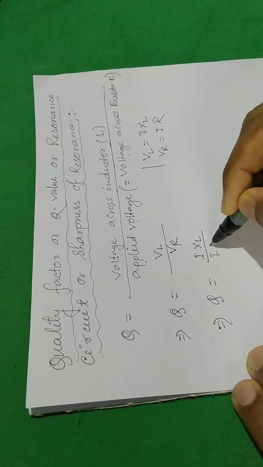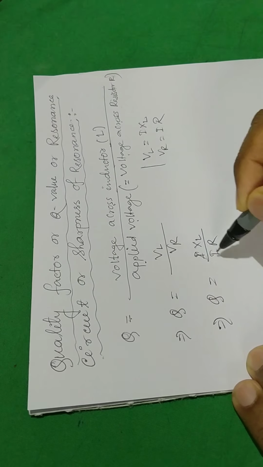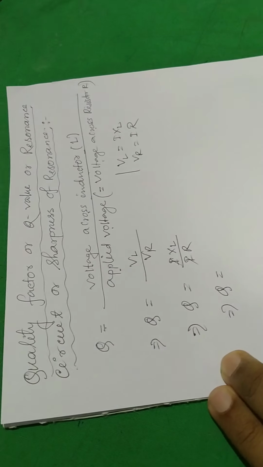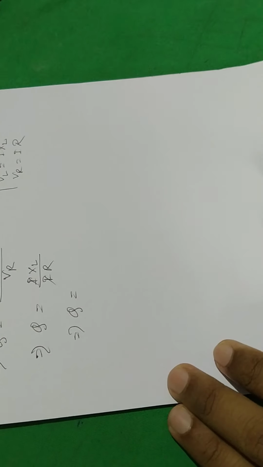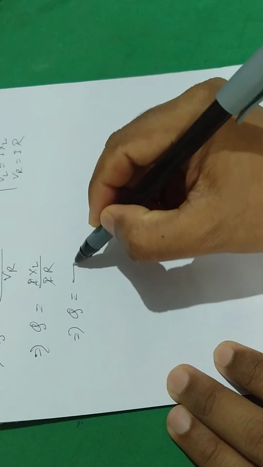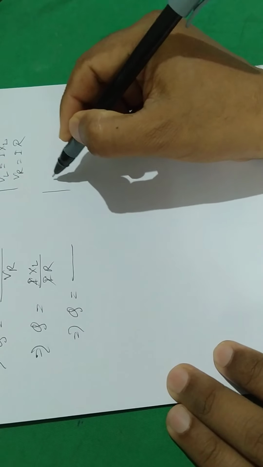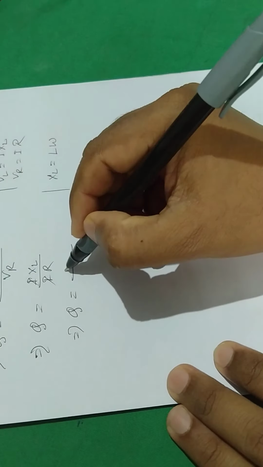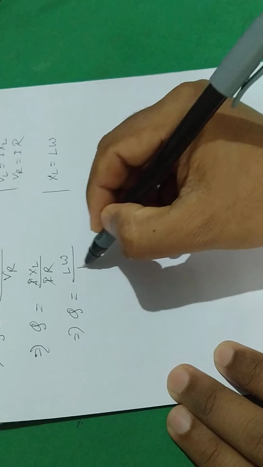So Q equal to I XL by I R, I cancels. Q equal to XL by R. We know XL equal to L omega, so Q equal to L omega by R.